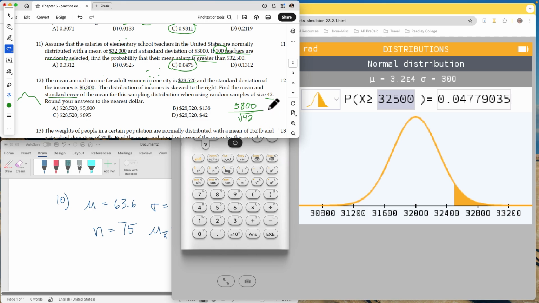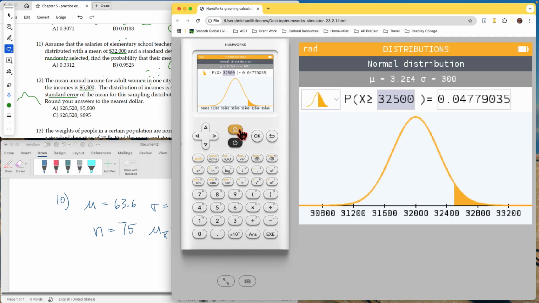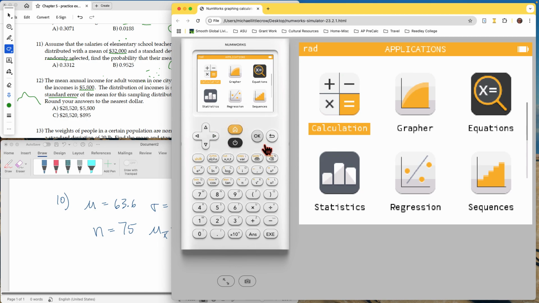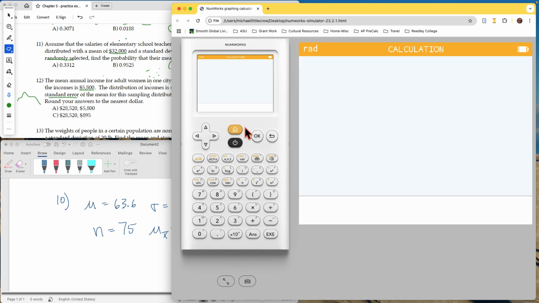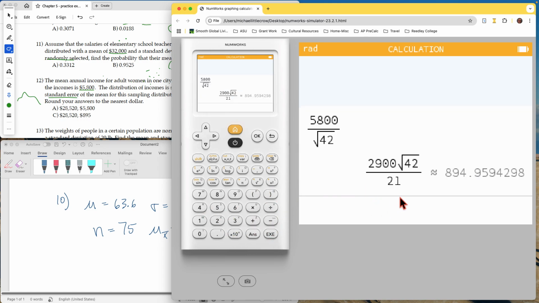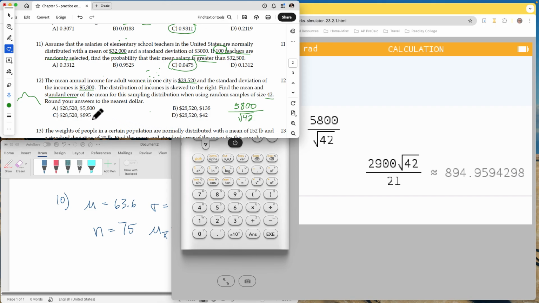We don't have to do anything more after that, so we can just go to our regular calculator. Use the TI calculator if you want. 5,800 divided by square root of 42, and we get 894, rounding 895. It's this one here.